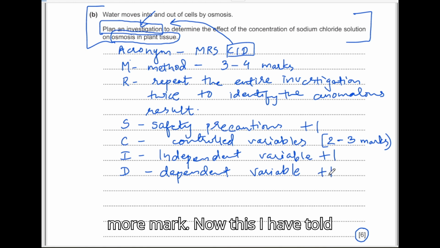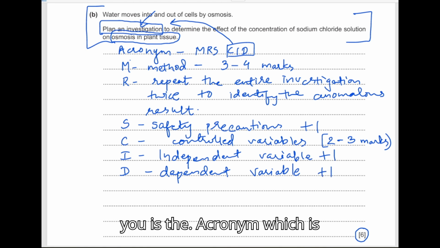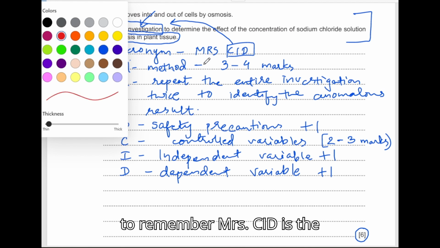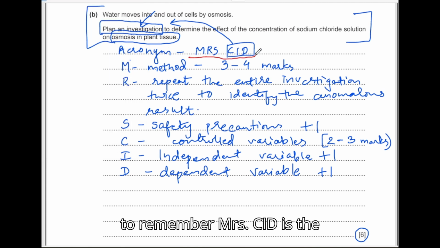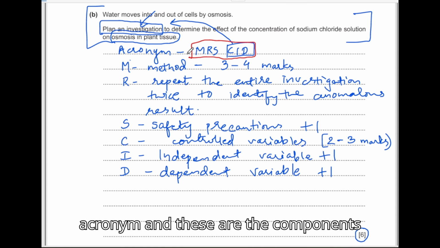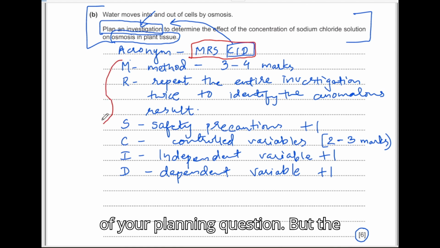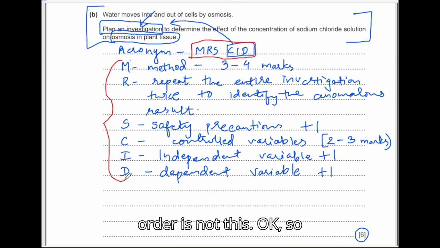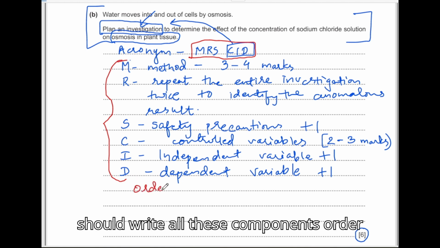Now, I have told you the acronym to remember: Mrs. CID, and these are the components of your planning question. But the order is not this.